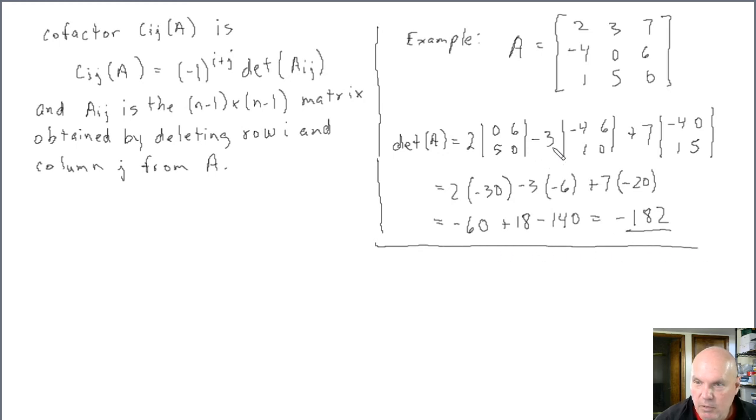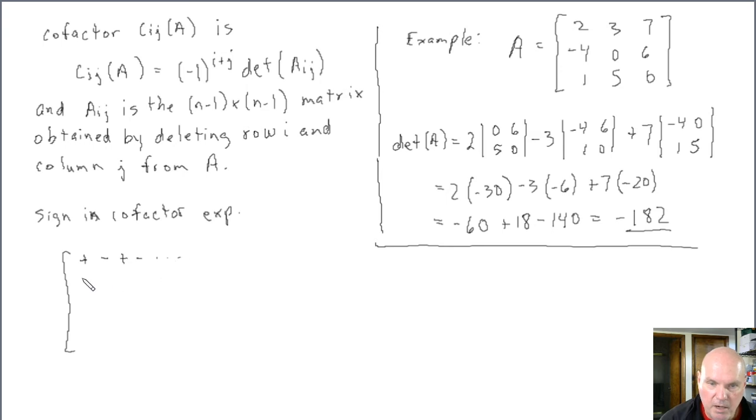Let me just give you a mnemonic device for determining the signs in the cofactor expansion. Okay, so the first element is going to be associated with a plus sign. The next element in the first row would be minus, and then the signs alternate.